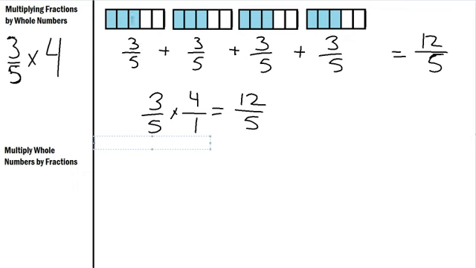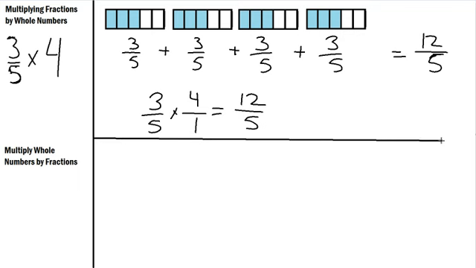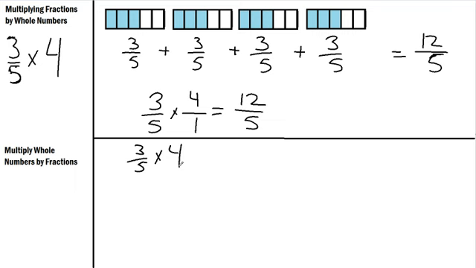We should know from the commutative property of multiplication that we could use what we know from up above to say 3/5 times 4 is the same as 4 times 3/5, because the commutative property says we can just switch them and we could come up with the answer that way.